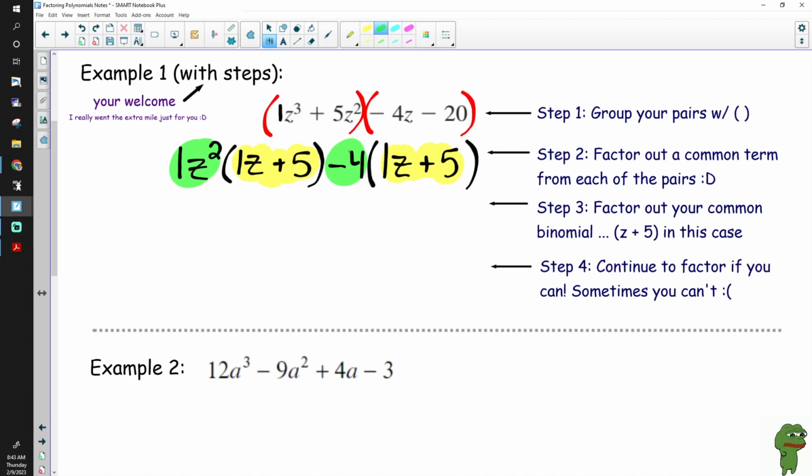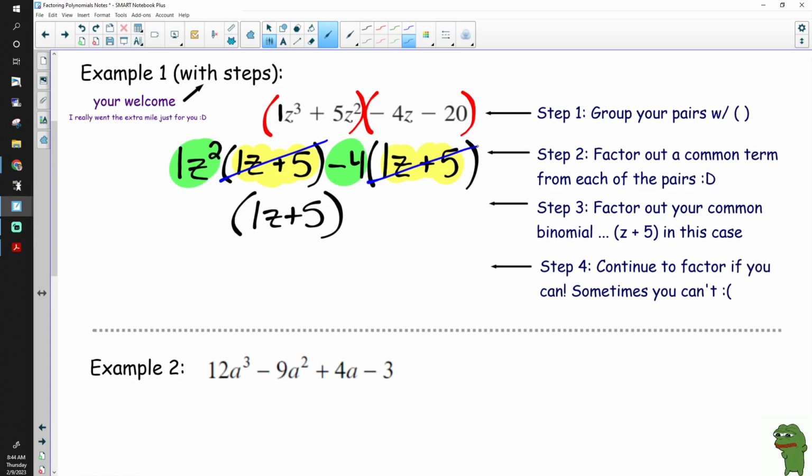When two terms have something in common, what can you do with it? Throw it out front. Remember, both of these had z squared, so what did we do with it? We threw it out front. Both of these terms have a 1z plus 5, so we're going to throw it out front. So I got rid of this, I got rid of this, and I threw it out front. What didn't I cross out?